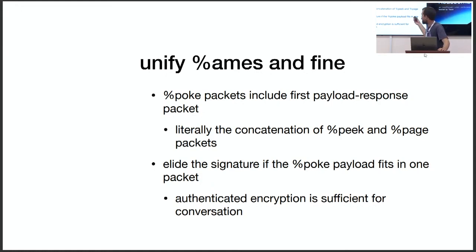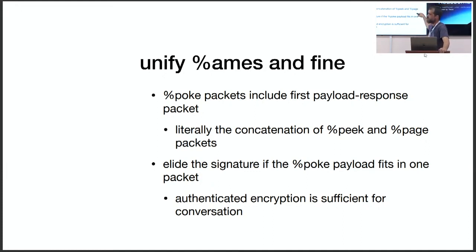And so the idea is that if the payload of the poke fits in a single packet, you also elide the signature. You concatenate it together under a slightly different name, and all you need to send is the authenticated encryption that we're already using, because in fact, this is formally the two-party conversational case of the data dissemination. There's no reason to attest to it to anyone else.